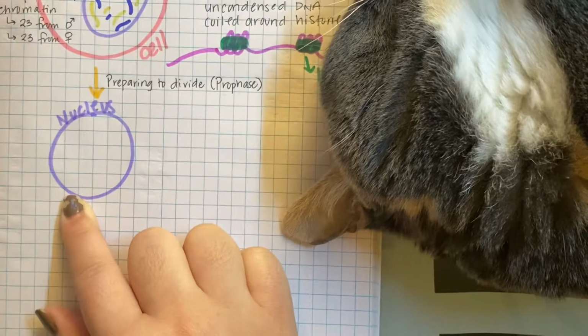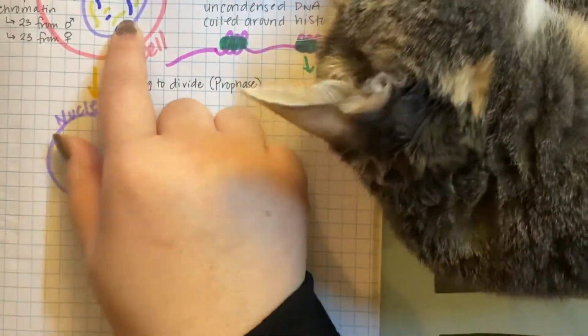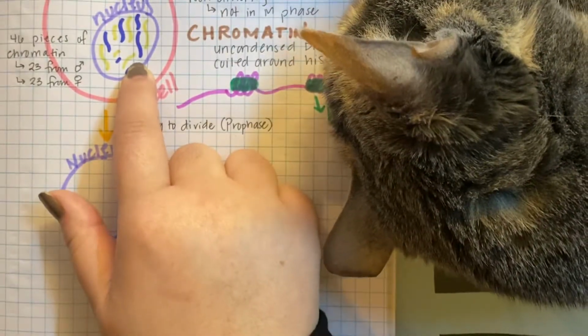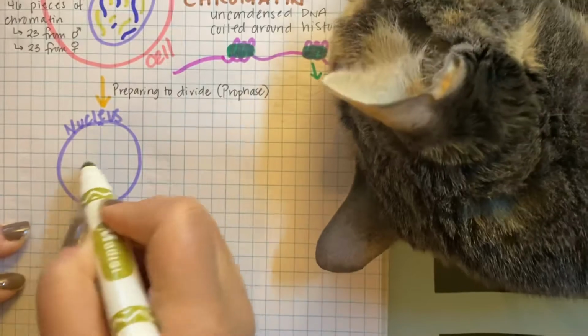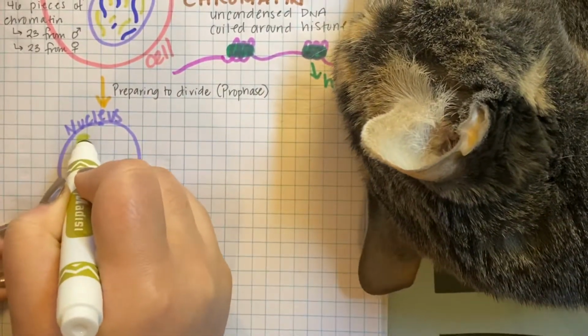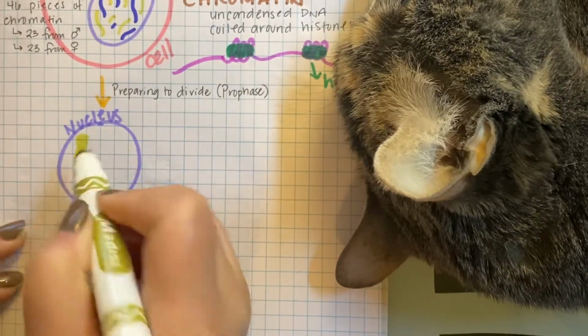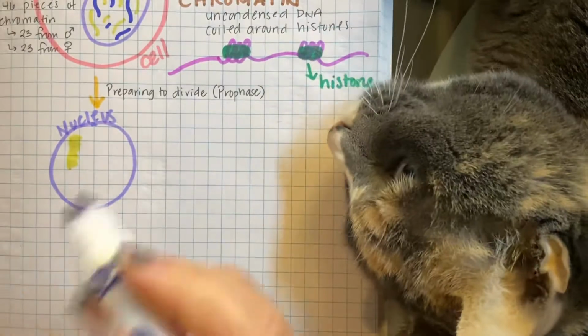But when a cell is prepared to divide, one of the things that prophase does is it takes each of these small pieces of chromatin and condenses them into a chromosome. So where once I had the super long string, I'm going to coil that string, and now I get this condensed little chromosome.